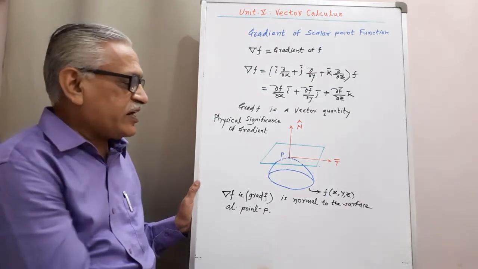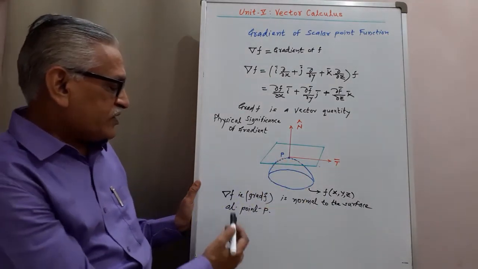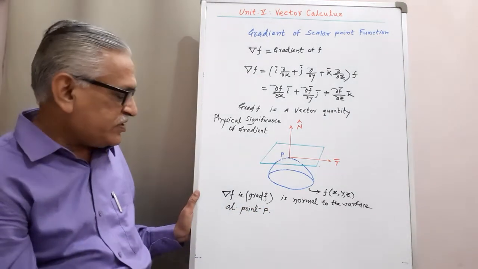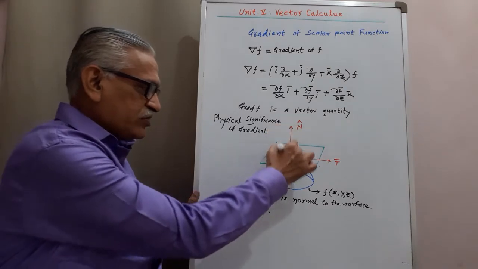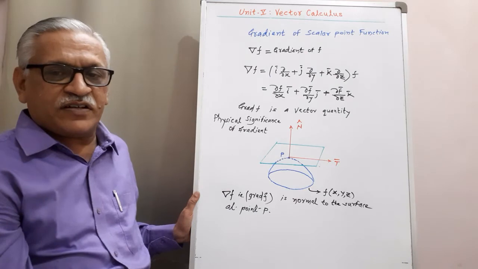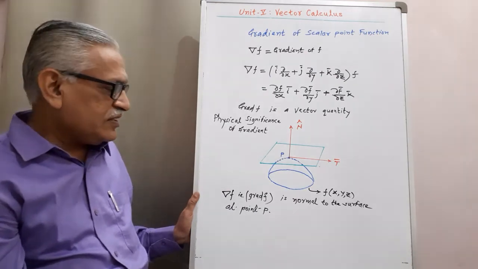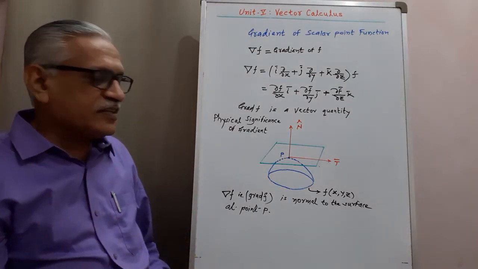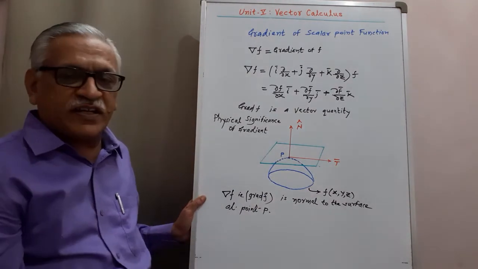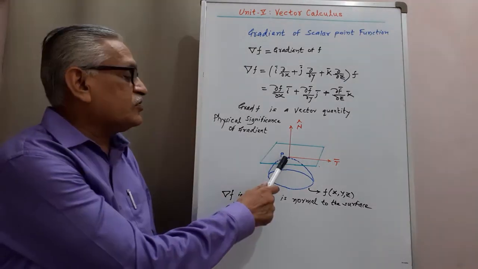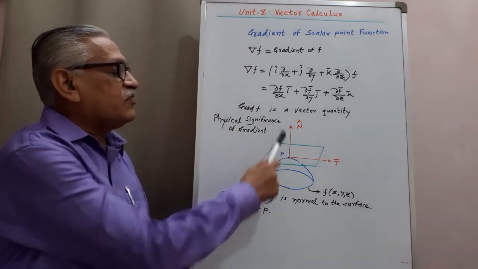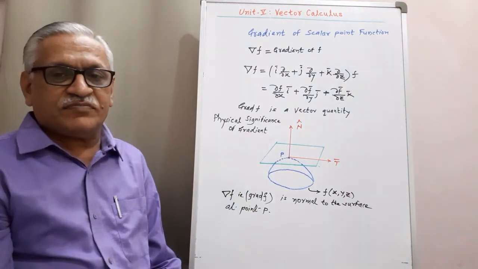Therefore grad f is normal to the surface at point P, means along this normal we can determine grad of that scalar point function. Therefore, remember this as a physical interpretation of that quantity.